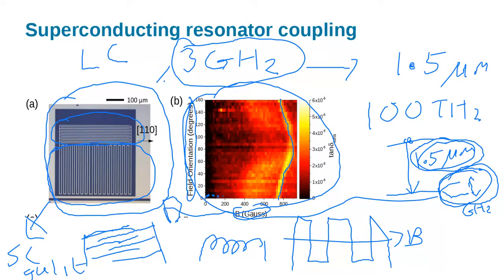That's currently what I'm looking at the moment, and so you can see this stuff we're learning about LC resonators is relevant to cutting edge research at the moment.